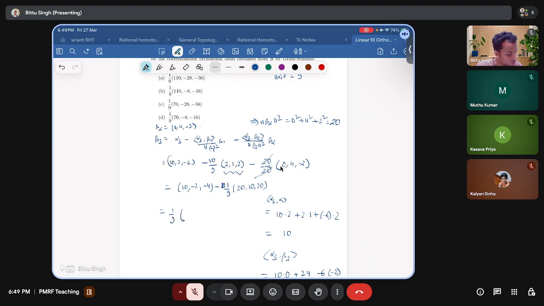I can take 1 by 9 common. Now 90 minus 20, which is 70, minus 18 minus 10, which is minus 28, and minus 36 minus 20, which is minus 56. So this is the answer.